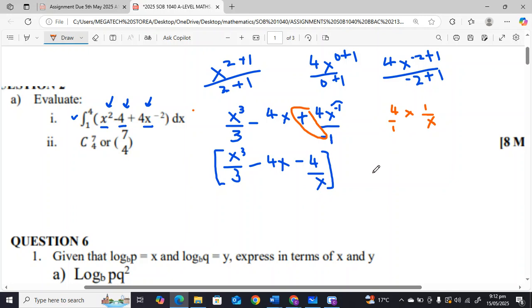Any other questions before we move to the second stage? Because the answer is not complete. We've still got these two to deal with, the upper and the lower limit.